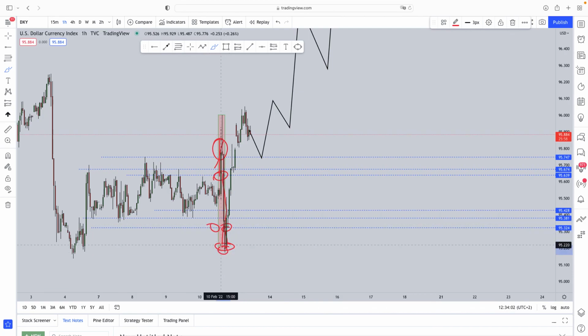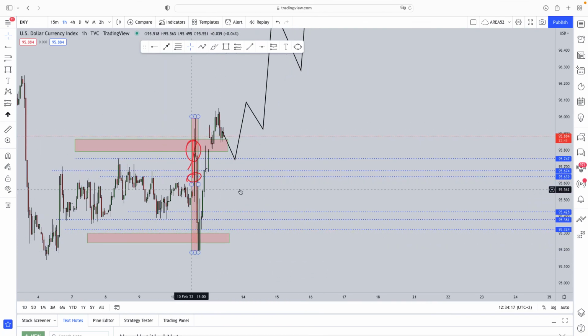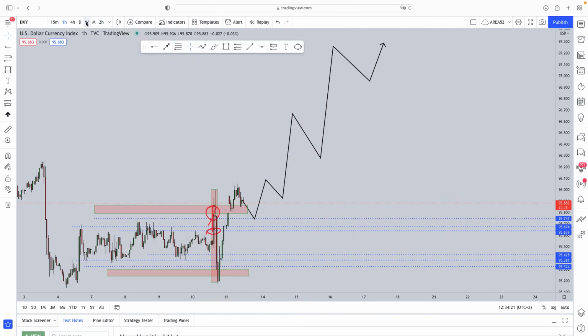If you think about it, this is where all the liquidity was sitting in the market yesterday, right here. So the market went to go and get that liquidity. Now from here, we can expect the market to continue higher.